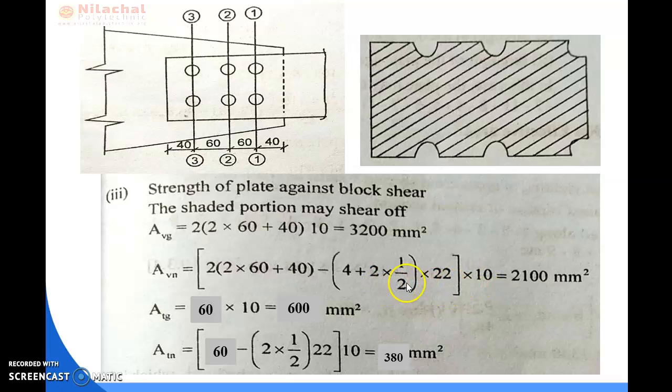So now calculating all these things, we got the value of AVN as 2100 mm square.